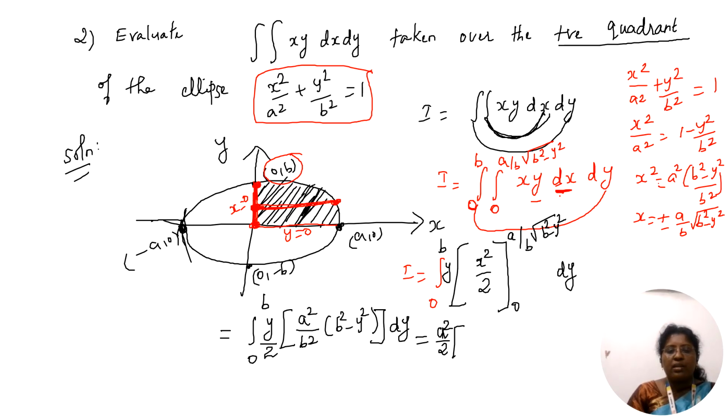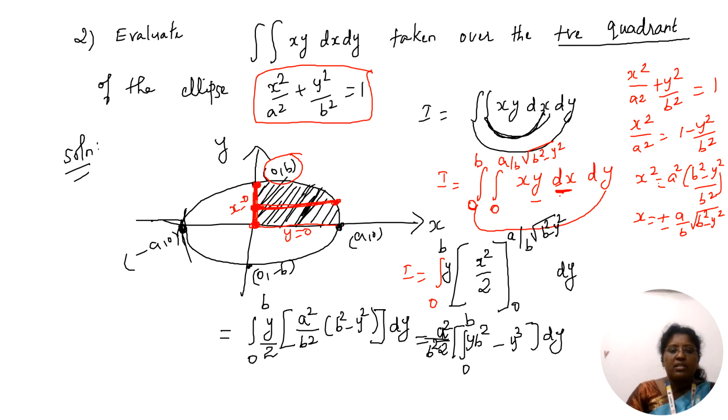Now inside we have y into b square minus y square. Multiplying y, we get y into b square minus y into y square. Y into y square becomes y cube. Now we integrate this from 0 to b, lower limit 0, upper limit b, dy.